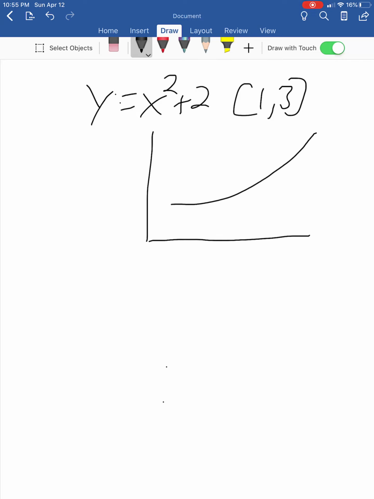All right, so there's our curve. And you see if I draw a trapezoid, remember that's what a trapezoid looks like. Like a trapezoid fits just about perfectly under that curve.